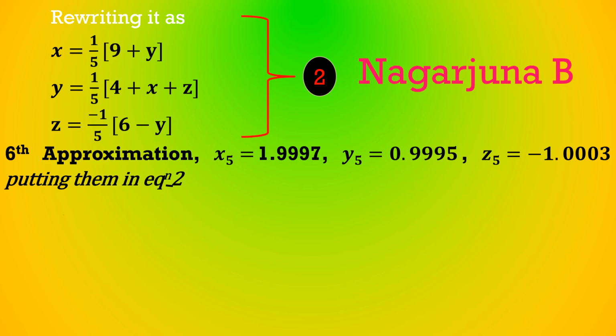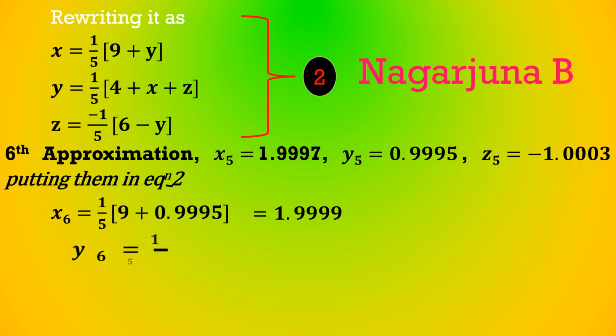So first x6 is equal to 1 divided by 5 into 9 plus 0.995, because the y value is 0.995 from the fifth approximation, and upon simplification this will be equal to 1.49. Then next y6 is equal to 1 divided by 5 into 4 plus 1.997 minus 1.003, because the x value is 1.997 and z value is minus 1.003, which we got from the fifth approximation.